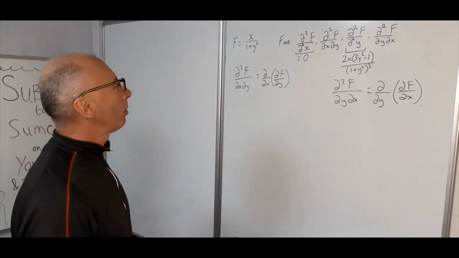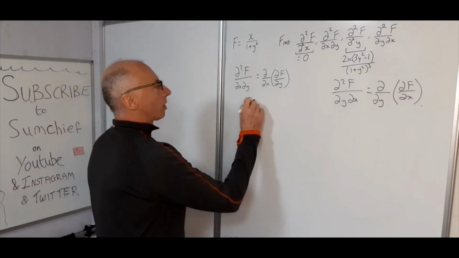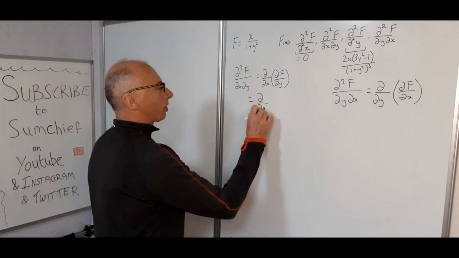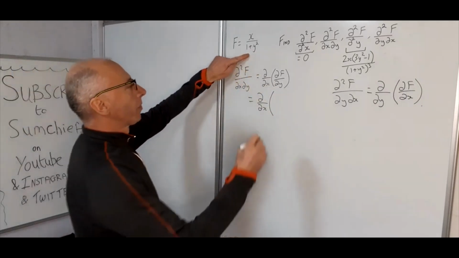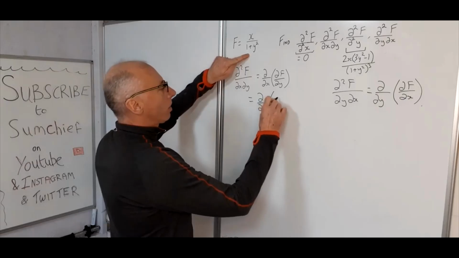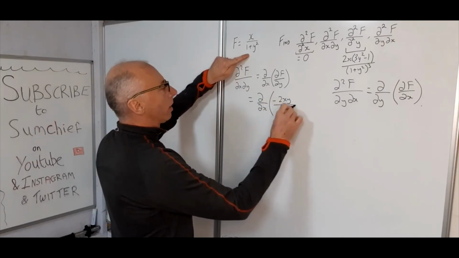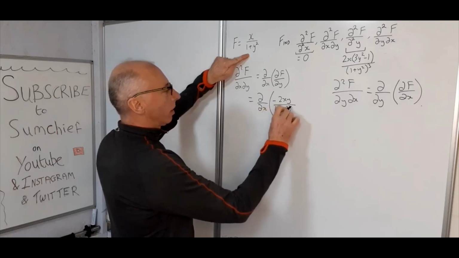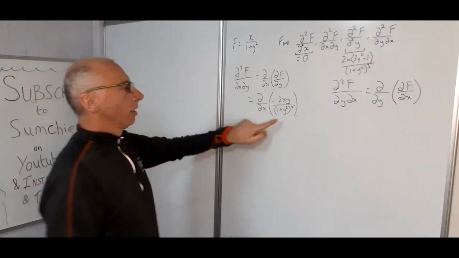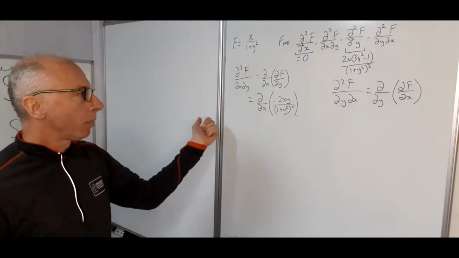Now we've done these a little bit already. So we could say now the partial with regards to x, partial of f with regards to y. That one was minus 2xy over 1 plus y squared squared. So that was that partial there. We did that previously.